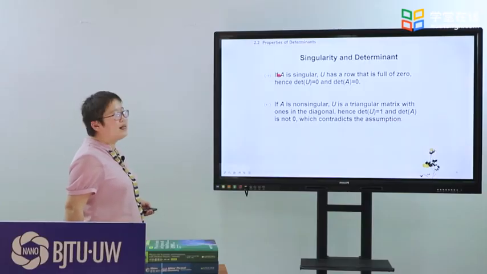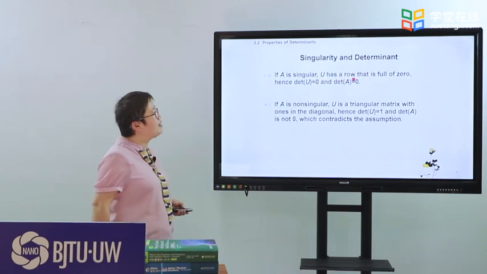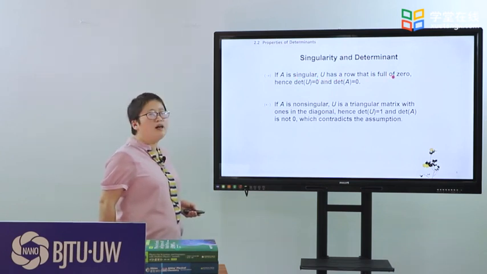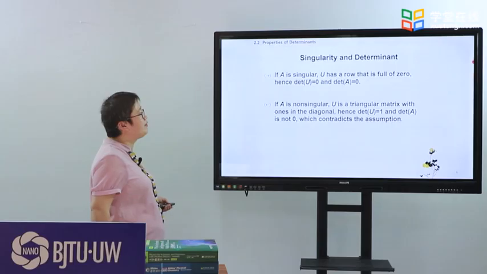And from this direction, if A is singular, U has a row that is full of 0, then we know determinant of U equals 0, and hence determinant of A equals 0. So if A is singular, we get determinant of A equals 0 by using determinant of U also equals 0.